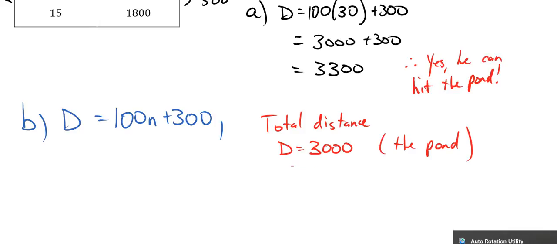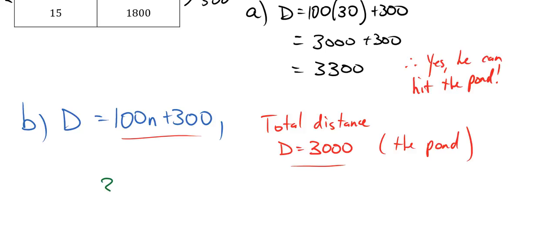So when I think about this in terms of my equation, how do I find N? Okay, well, you minus 300 from the distance traveled. Okay, so hold on. Yep.